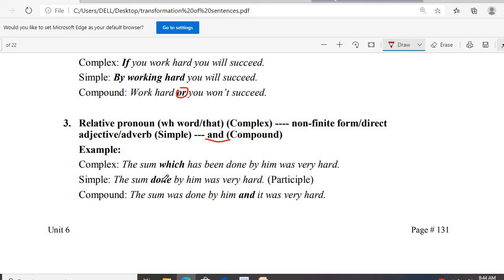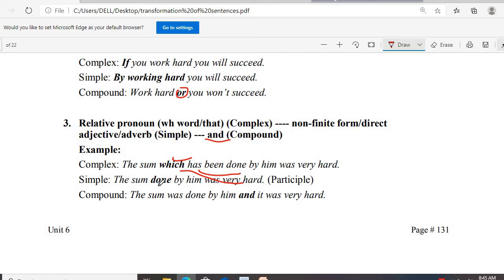Let's say the sum which has been done by him was very hard. Which has been done, this is called relative clause, and this which is a relative pronoun. And to make it simple, we have to say the sum done by him.